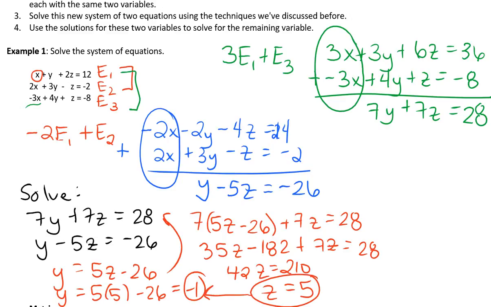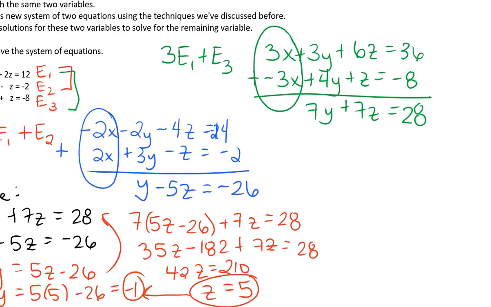Now to solve for x, you can use any equation from the original 3. It doesn't matter which one you use, so I'm just going to use the first one. So using the first equation, our equation is x plus y plus 2z equals 12.